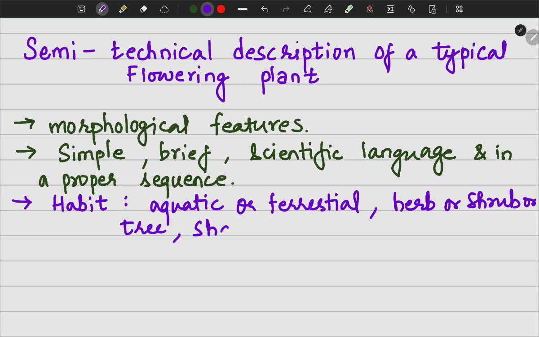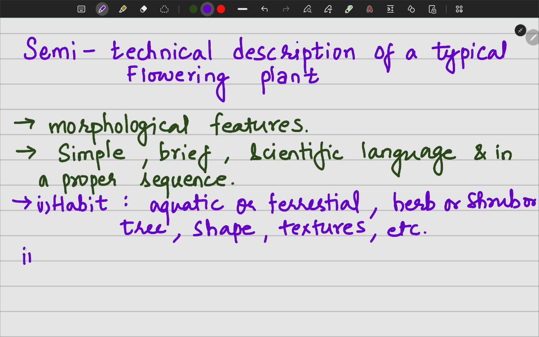What is the shape of the plant? Are there any textures present on the morphological features? So all these constitute the habit of the plant. So first we describe the habit of the plant.